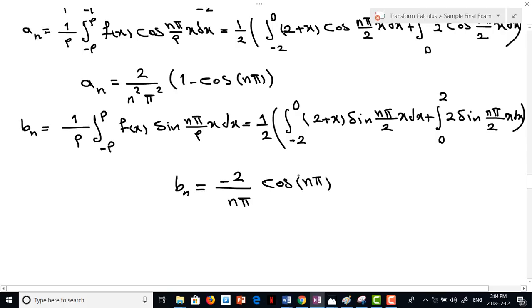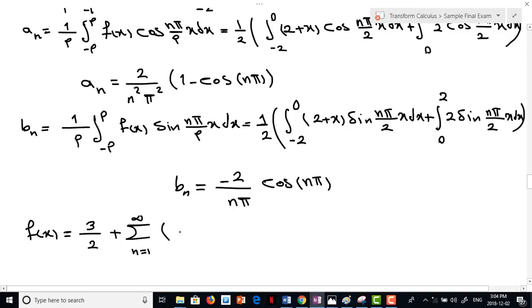n pi. So as a result, the Fourier series of function f(x) is equal to a0 divided by 2, so it's 3 over 2, plus summation of an cosine n pi over p x.